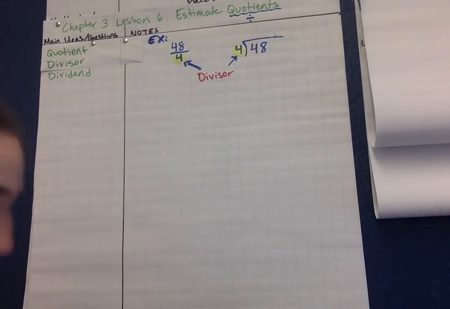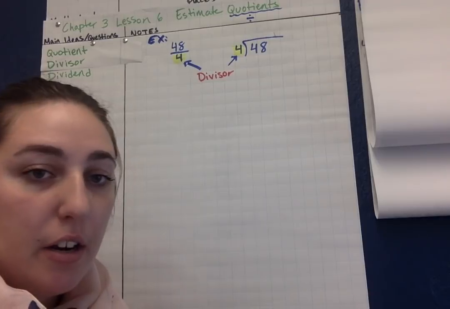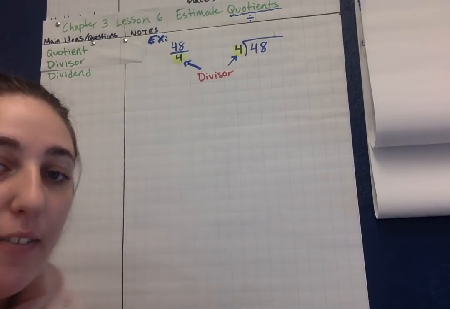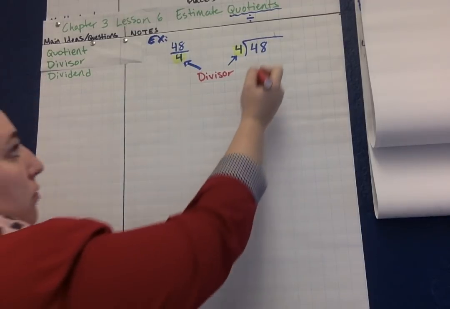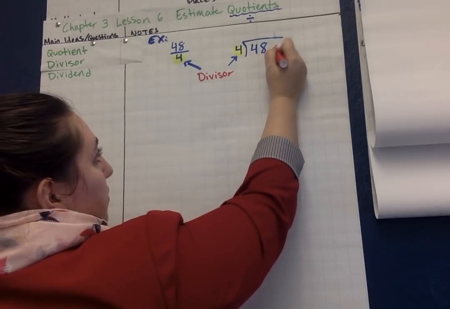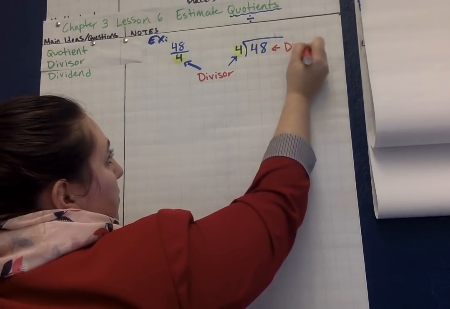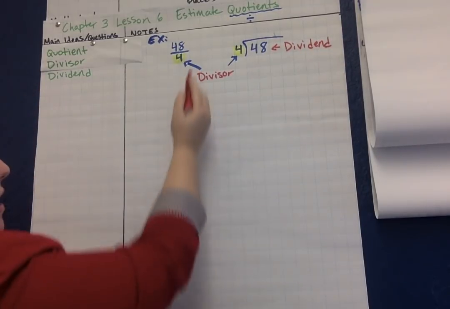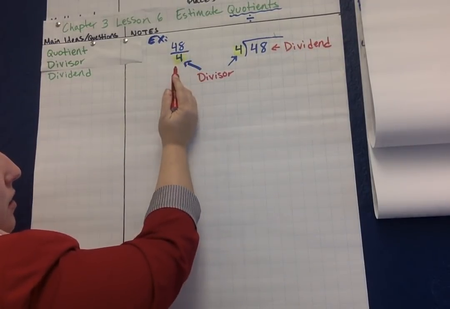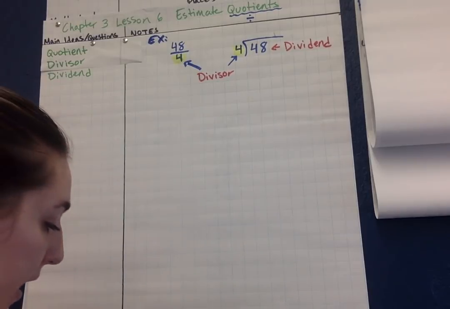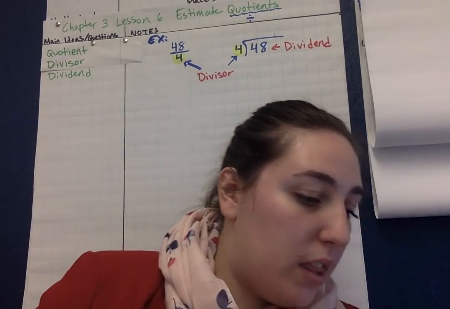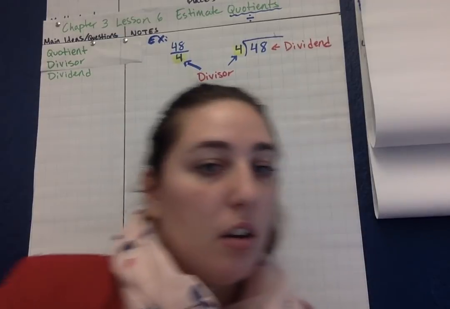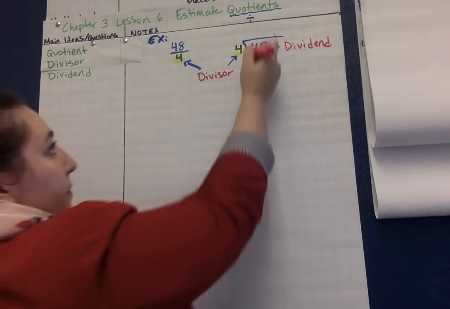The numerator is going to be our dividend, and I'm going to highlight the dividend with a pink highlighter, so we know the difference.